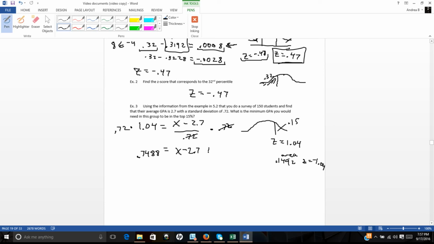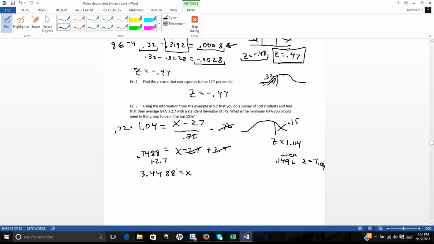And then we're going to want to add 2.7 to both sides to finish getting x by itself. Because it was x minus 2.7, the opposite of subtracting is to add. So if we do that here, we get 3.4488 for the x.